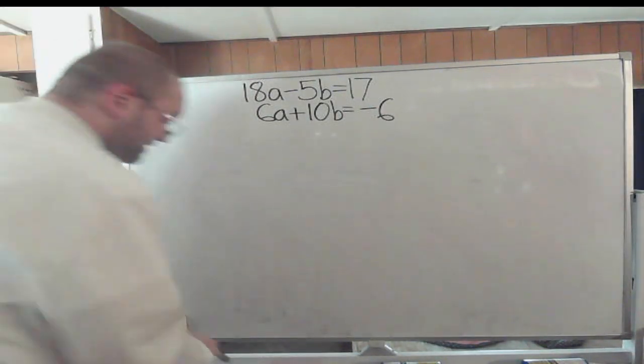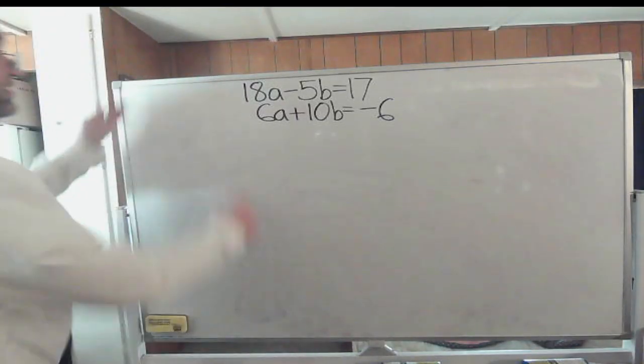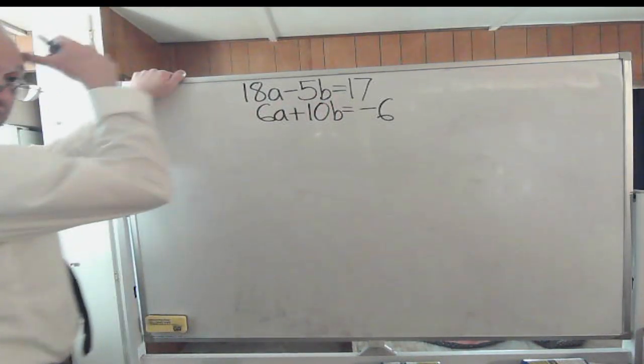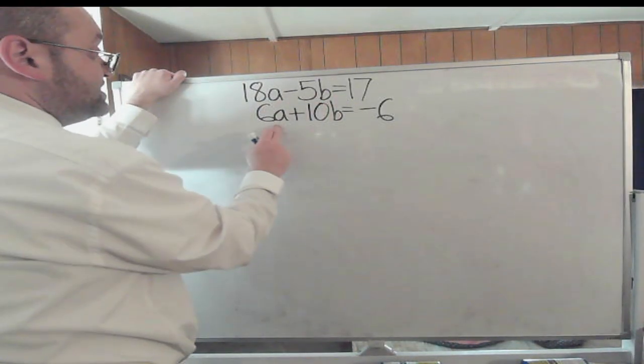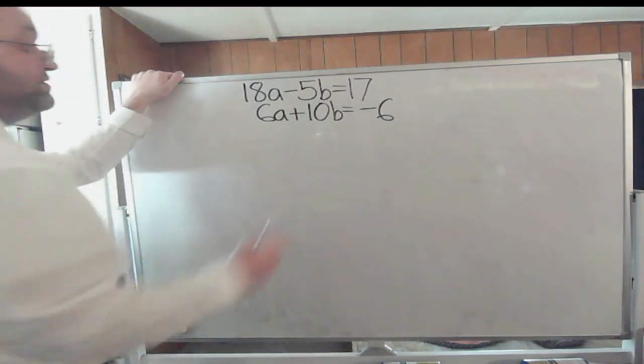So we got this system of equations here. We have 18a minus 5b equals 17. Then we have 6a plus 10b equals negative 6.